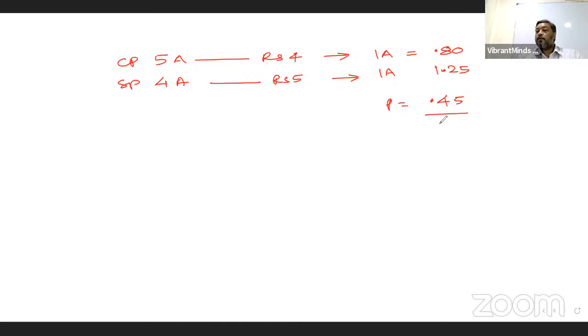Cost price is 0.80, into 100. 0.45 into 100 by 0.80 is 225 by 4. 4 5s are 20, again 25, 4 6s are 24, decimal 10. And this will become 56.25%.